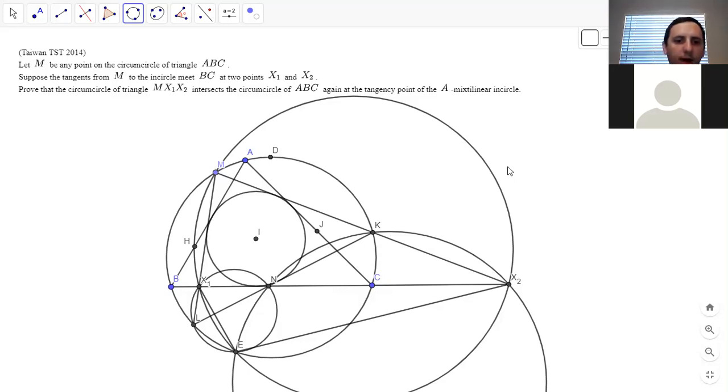So we want to show D, I, and E are collinear. Could we do an angle chase somehow? Like, could we show angle LEI equals angle LED or something?